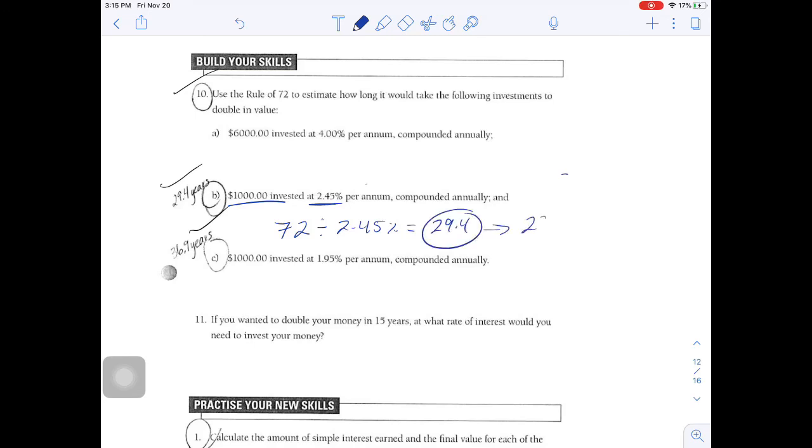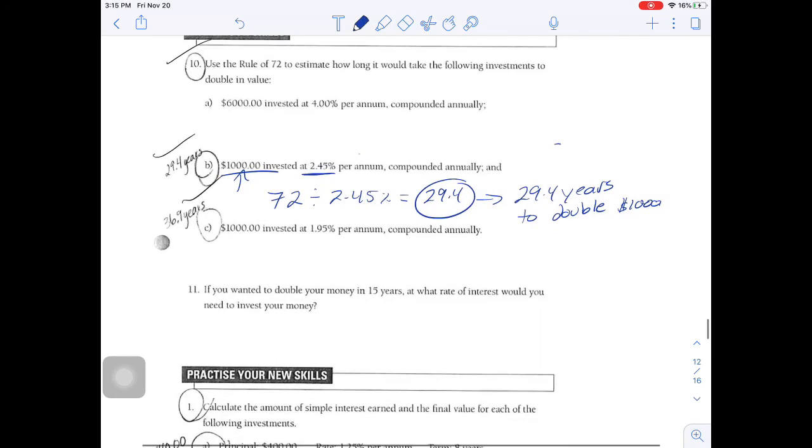So here it's 29.4 years to double your initial $1,000, which isn't too bad. It's pretty bad actually. It takes 30 years to get $2,000 from $1,000. But I mean, money's money, I guess, right?